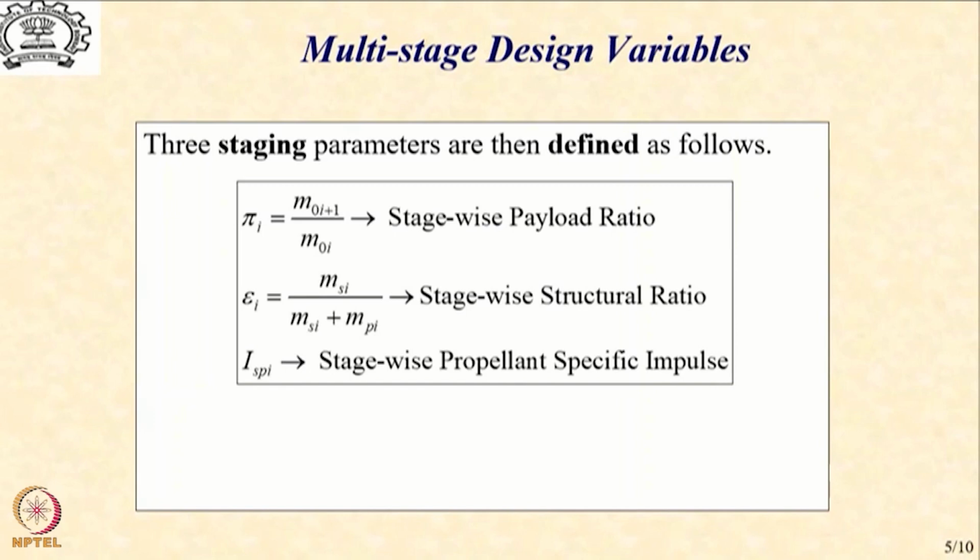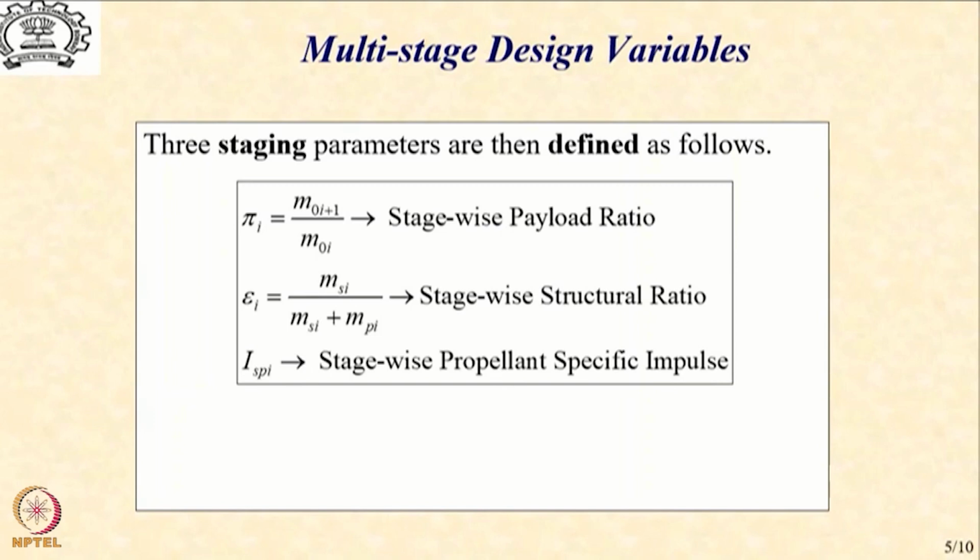It is the same strategy that we are using here to say that for the rocket as a complete unit, the payload ratio is M star by M0. So in the same light, for each stage, the payload ratio is what it is pushing to its starting mass. We will find that it's an important parameter which will help us to set up the configuration design of multi-stage vehicles.